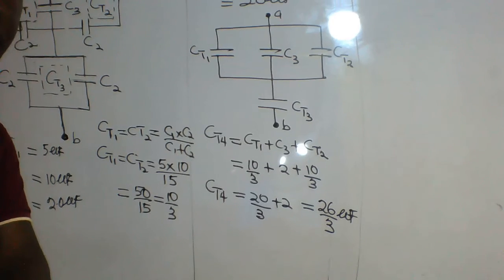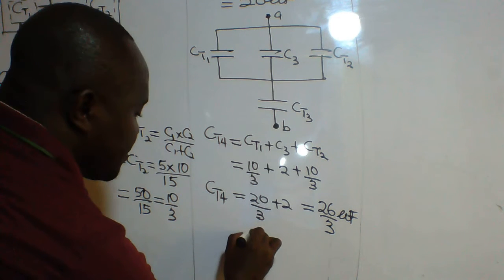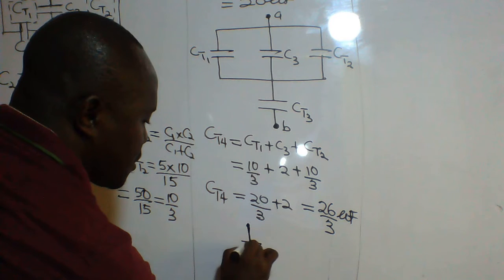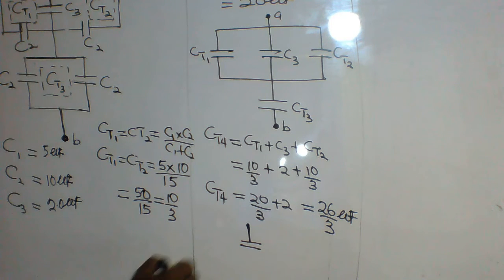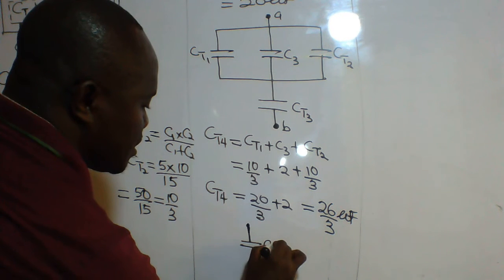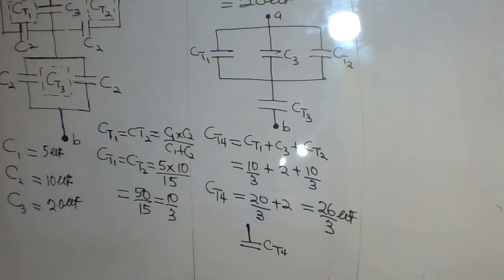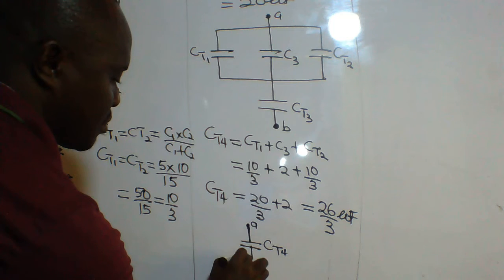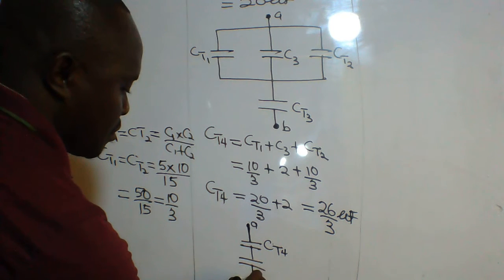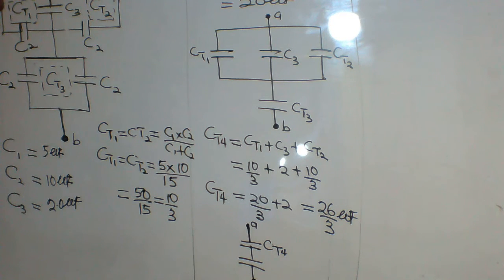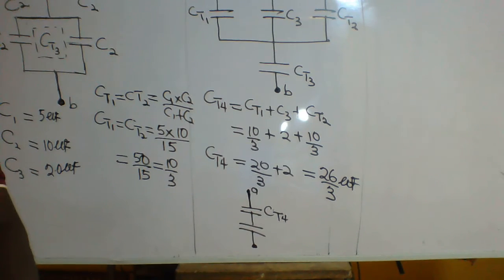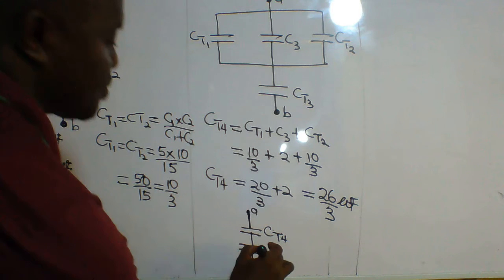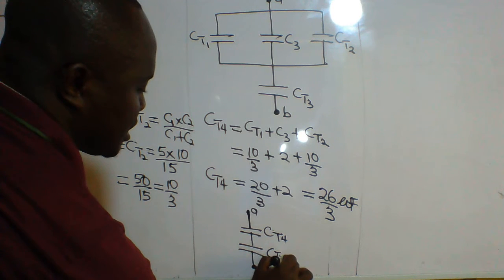Let me adjust the screen to redraw something. This is CT4. This is the point A. This is CT3.